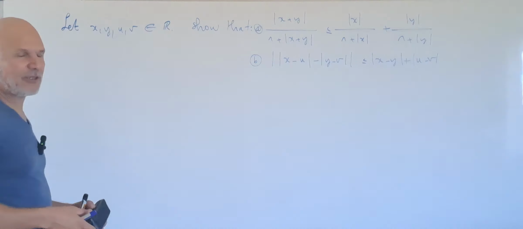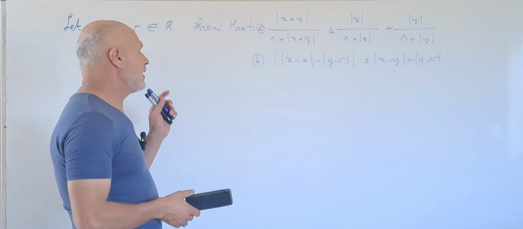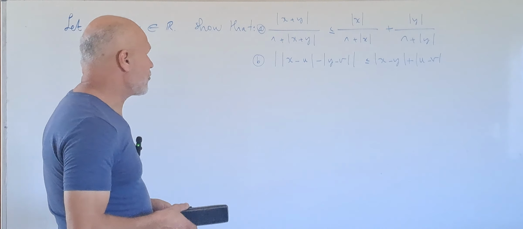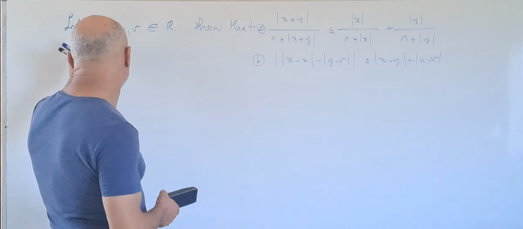This is a very short video about inequalities, absolute value or modulus. The exercise has two questions. Let x, y, u, v belong to R, real numbers, all of them. Show that the absolute value of x plus y over 1 plus the absolute value of x plus y is less than or equal to the absolute value of x over 1 plus the absolute value of x plus the absolute value of y over 1 plus the absolute value of y.